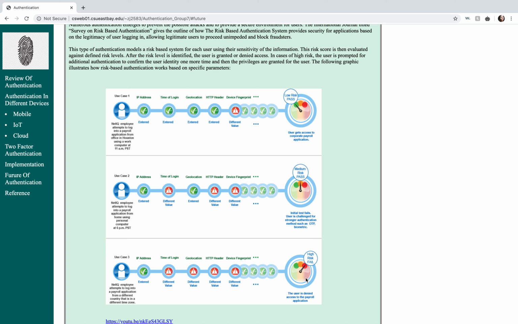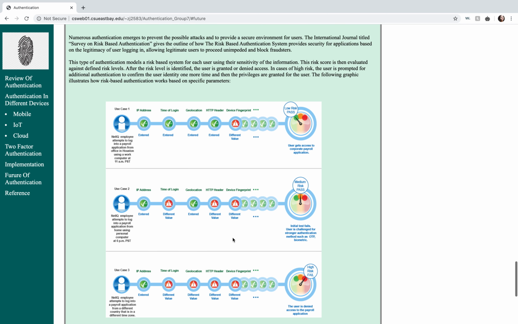If the user is at higher risk, access is denied, or an extra layer of authentication must be provided. This is how risk-based authentication is being more popularly used nowadays. In the next video, we shall see how we implemented our application using two-factor authentication. Thank you so much.